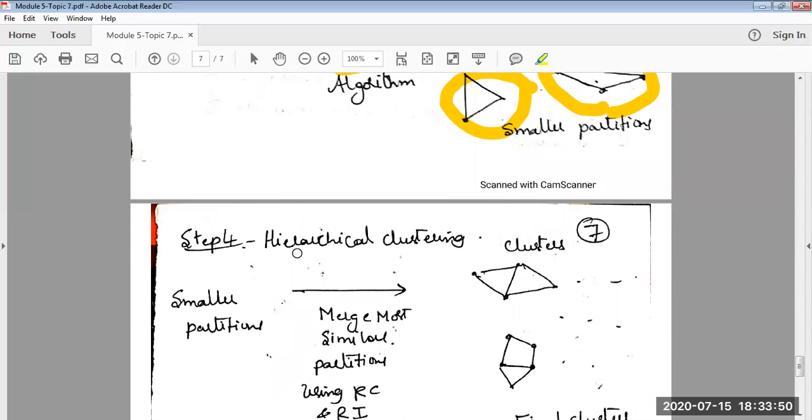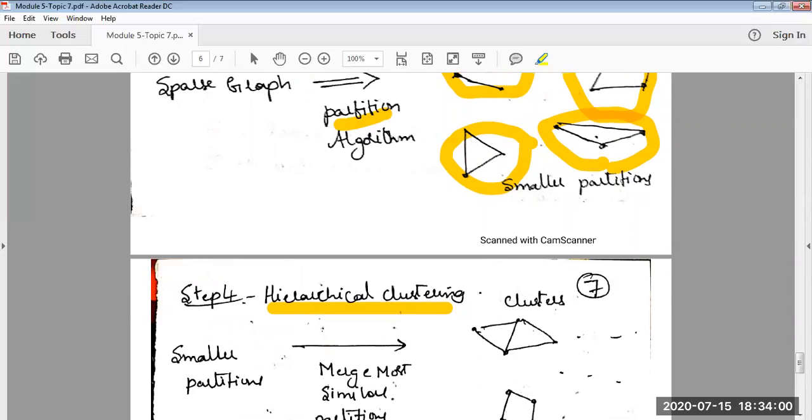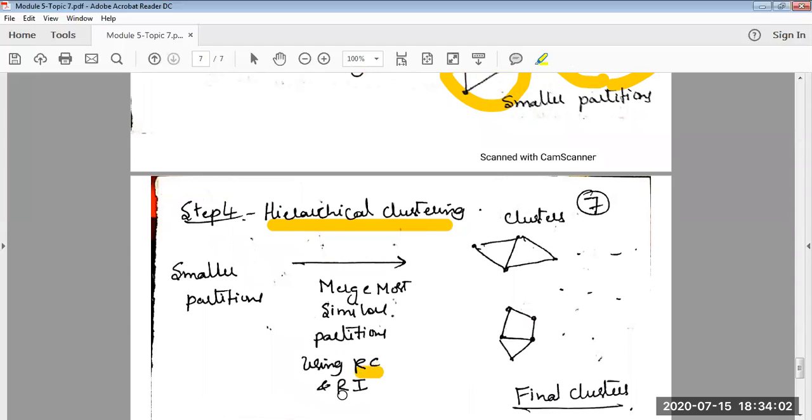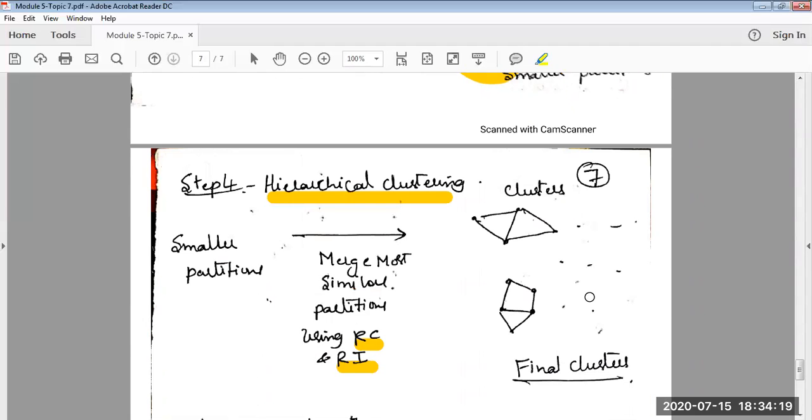Now, how can this help us in the Chameleon algorithm? So now the Chameleon algorithm will start from here, step 4. What the Chameleon algorithm will do is start merging these smaller partitions, smaller pieces, based on RC and RI. For example, if this cluster satisfies RC and RI for a merger with this, these two clusters will be merged.